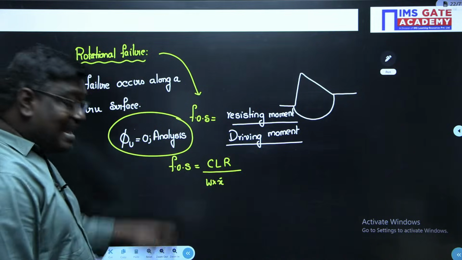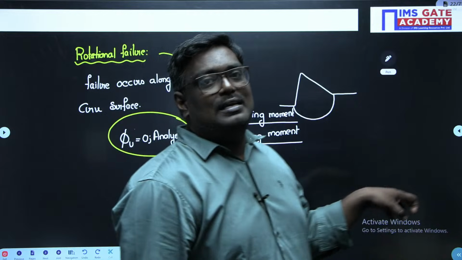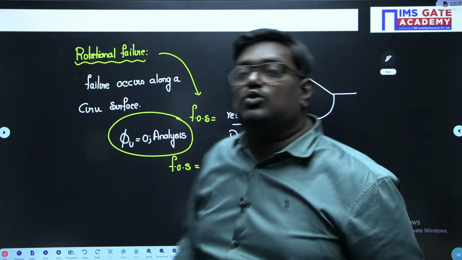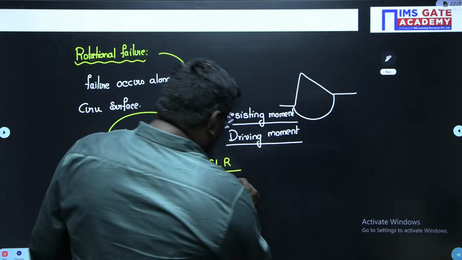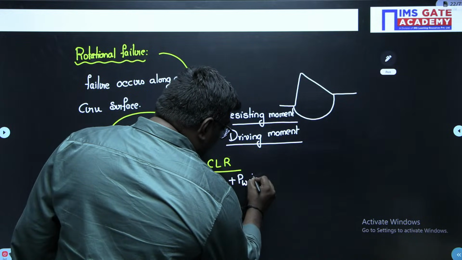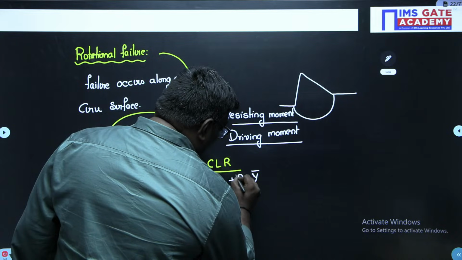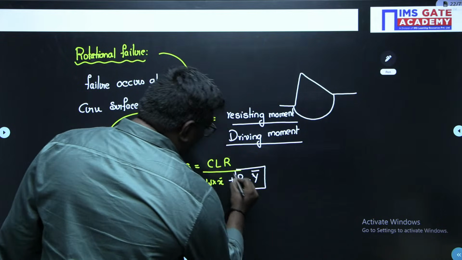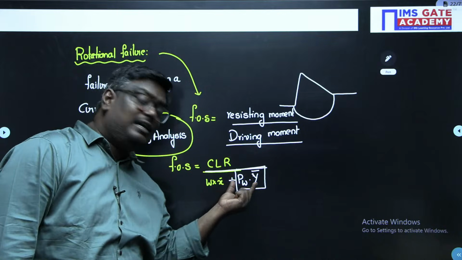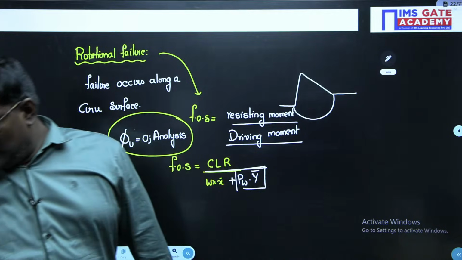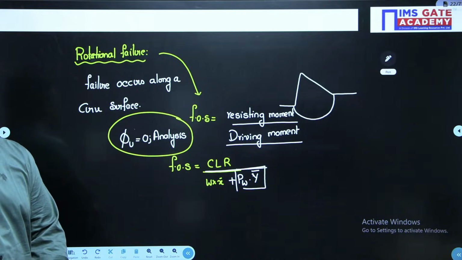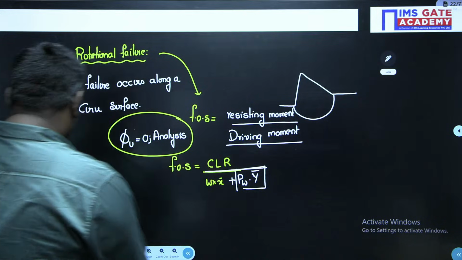But in this problem, a tension crack is also developed, so due to the tension crack there will be an additional driving moment. If there is no tension crack, you can directly take this value as 0.